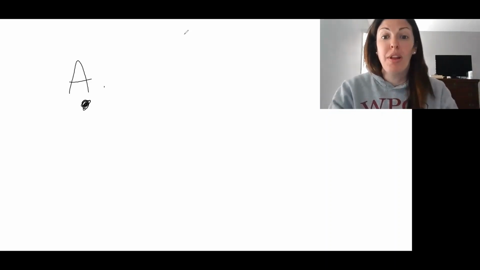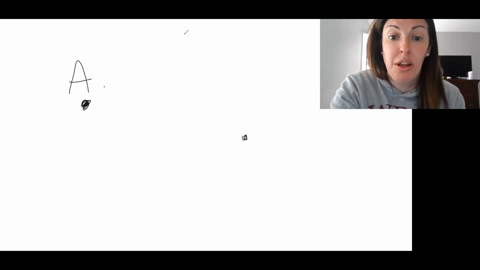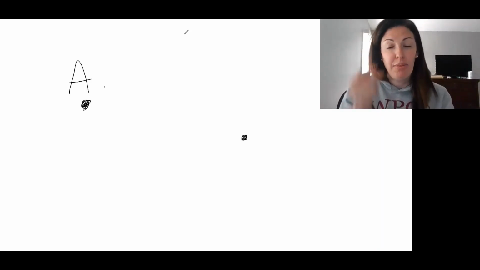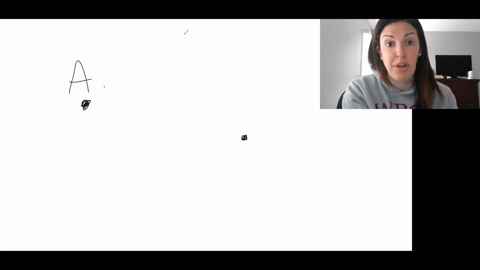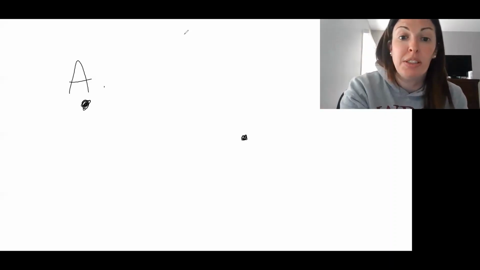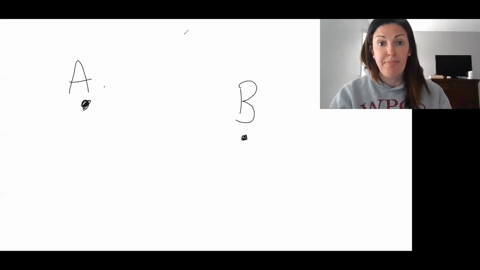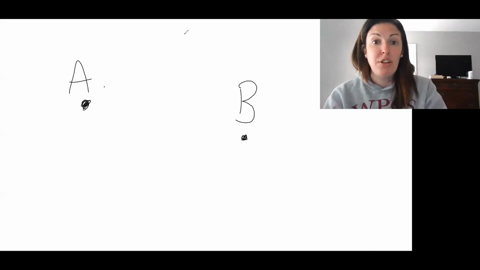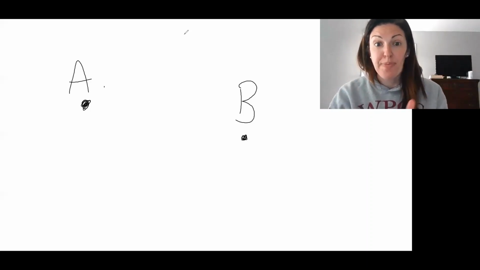Okay, so I'm just going to draw another point on my white screen, and I already have point A. So I'm going to name this point, point B. That's a different specific location on my screen, okay?